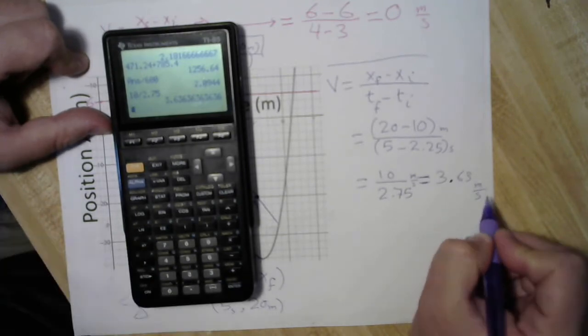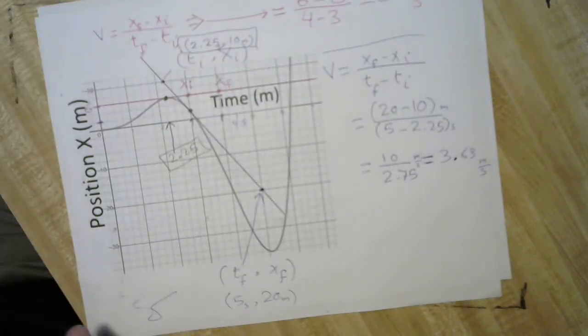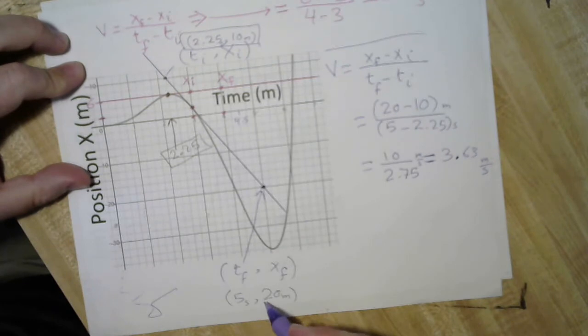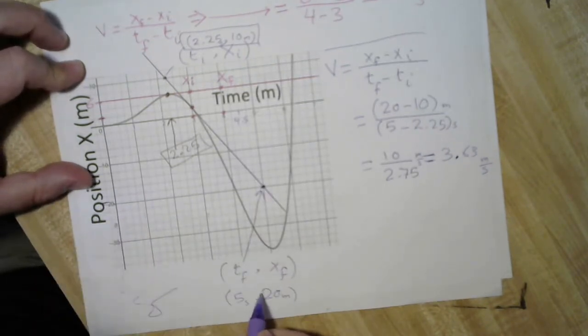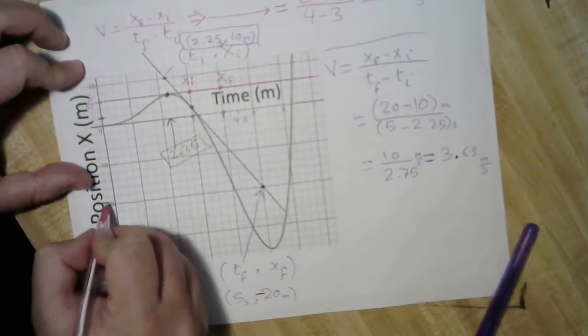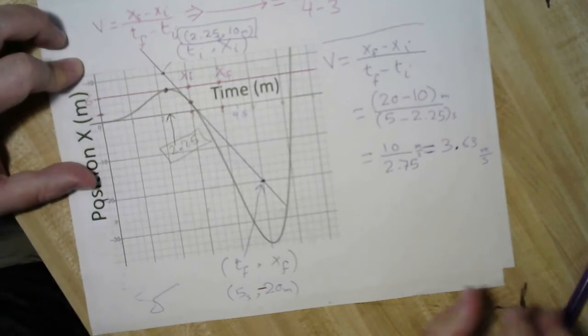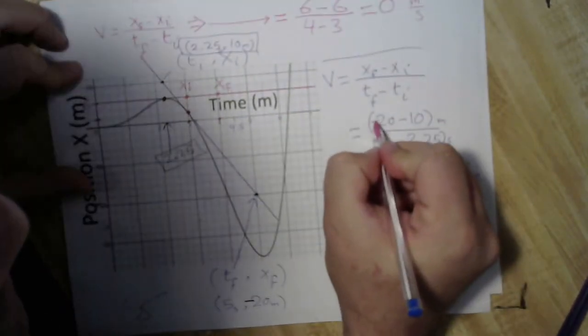meters per second. But look, I have an error, a mistake now. How much is the position here? It is not 20, it is negative 20. I'm sorry for that, but it is good to make mistakes to learn better. So this is negative 20 and this is negative 20.